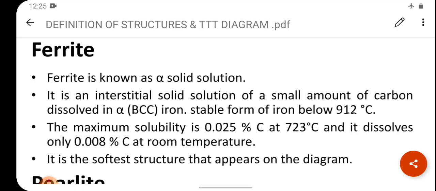The maximum solubility is 0.05% carbon at 723 degrees Celsius. Refer to the iron carbon equilibrium diagram, which I had explained in the last video. And it dissolves only 0.008% carbon at room temperature. Clear? So it is the softest structure that appears on the diagram.